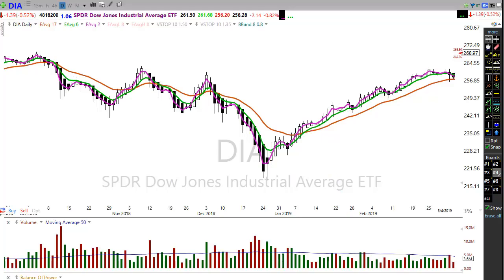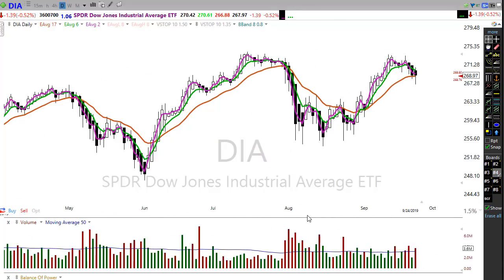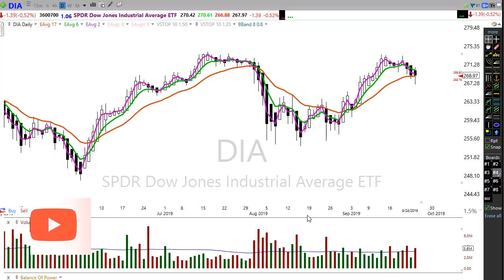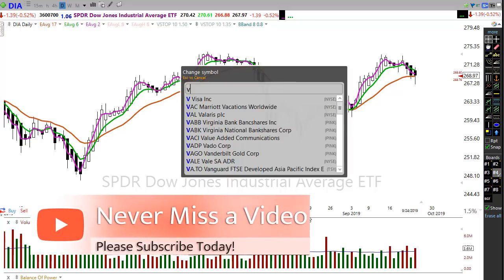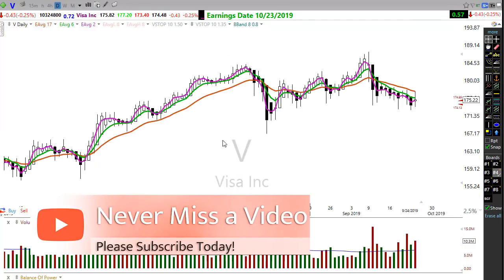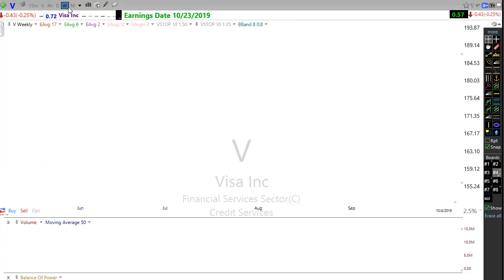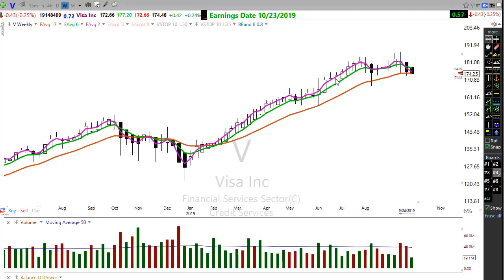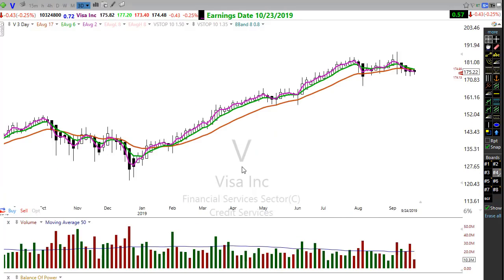What if you trade long-term charts? Anybody in here like position trading? Take a look at Visa. And I'm not going to go to a full weekly chart. A weekly chart is averaging 2 weeks together, and I think that's a little unfair because it's so smooth. Let's make this like a 2 or 3 day chart.